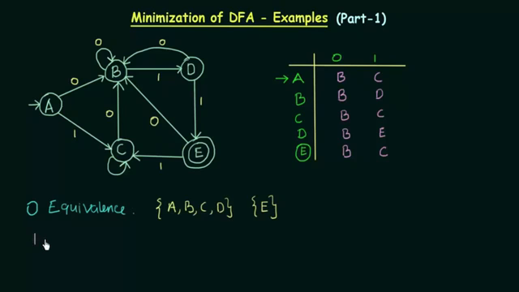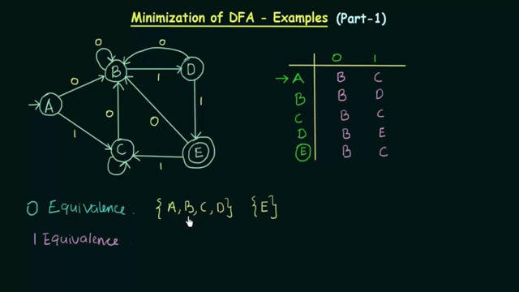Now let's come to 1 equivalence. Now how do we write this 1 equivalence? For writing the 1 equivalence, you have to look at this row of 0 equivalence, and you see that these 4 states are in one set. Now you have to check if these states are 1 equivalent to each other. So first we'll check for A, B, then we'll continue. So how do we do that?